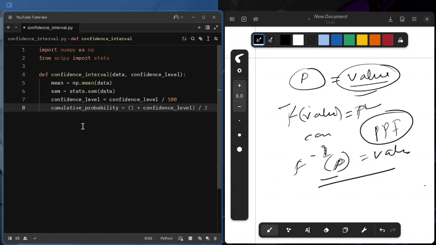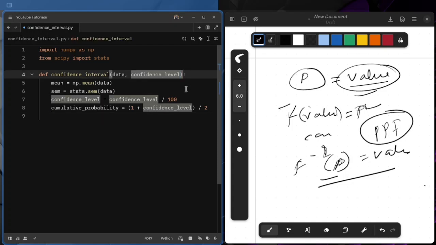So this is nothing but 1 minus the confidence level, the alpha value, divided by 2, okay, for both the sides.